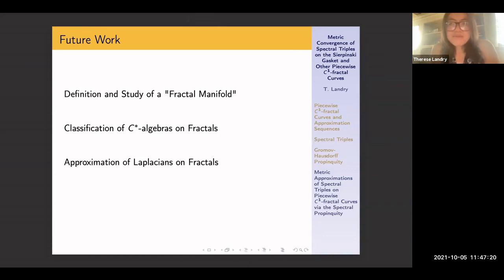Okay, so another important avenue for future work is approximation of Laplacians on fractals. And again, going back to this theme of how do we generalize the manifold setting being important, because we have solutions of differential equations using particular operators like the Laplacian defined in a manifold setting.